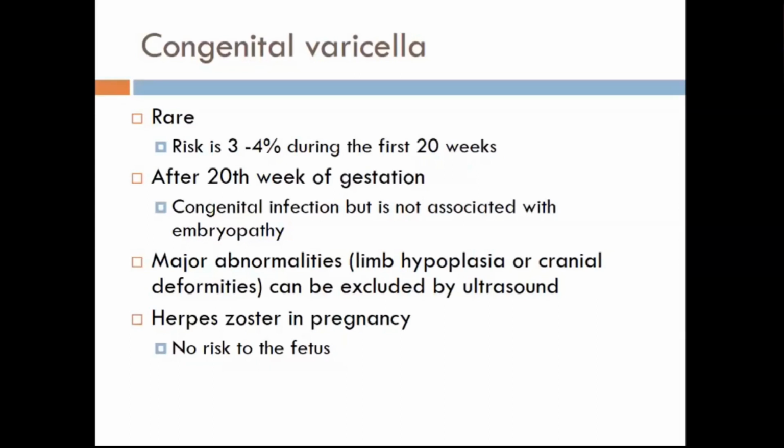So major abnormalities when they are exposed before 20 weeks are limb hypoplasia; cranial deformities can be excluded by ultrasound, but cicatricial skin rash you won't be able to find by ultrasound. Herpes zoster in pregnancy is innocuous. It has got no risk to the fetus.